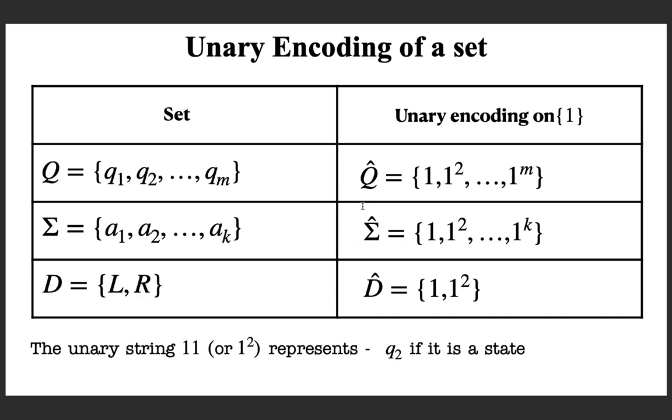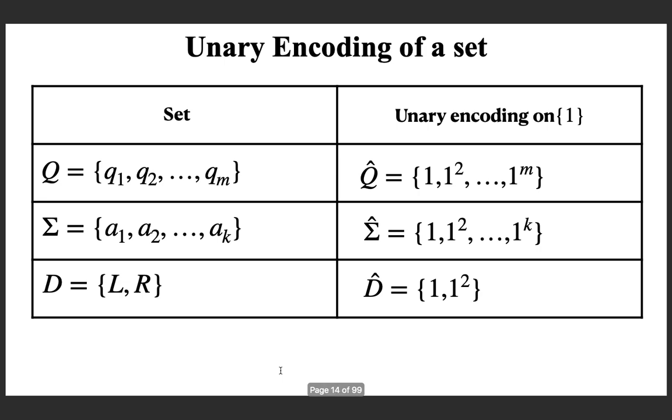Now see that the unary string 1 1 or 1 square represents the state q2 if it is a state. If you say that it is the unary encoding of a state, then it is q2. If you say that it is representing an alphabet, then it is A2, the second alphabet. And if you say that it is representing a direction, it is R, because it is the second direction.